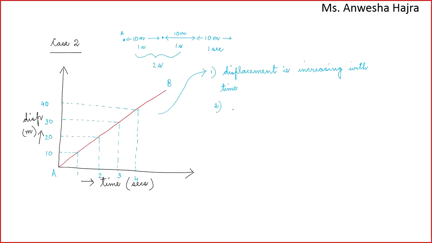Next, I told you slope gives us velocity. Slope of the graph will give us velocity.